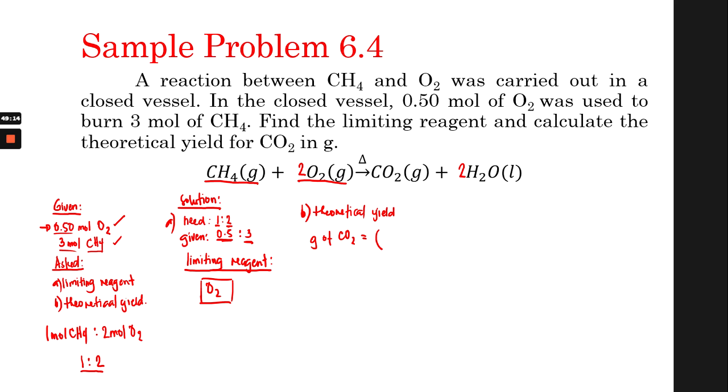So you have to use 0.50 moles of O2, because 3 moles of CH4 is not your limiting reagent. This does not dictate how much product you will make. After using your limiting reagent, now you can find the grams of CO2.